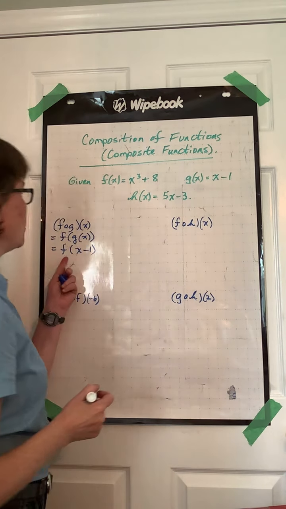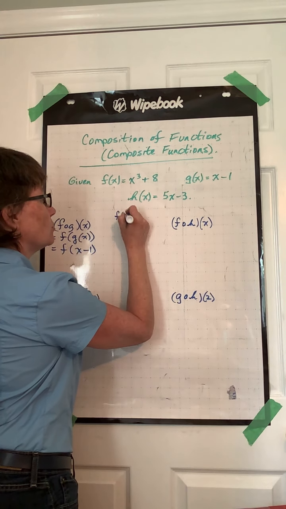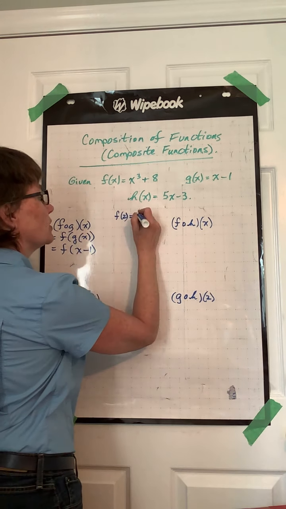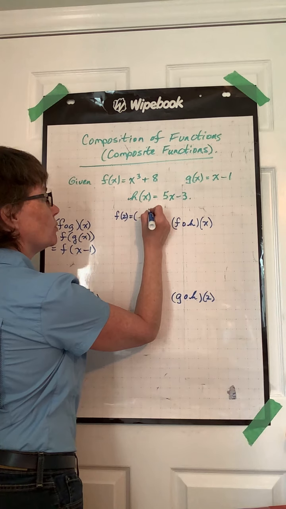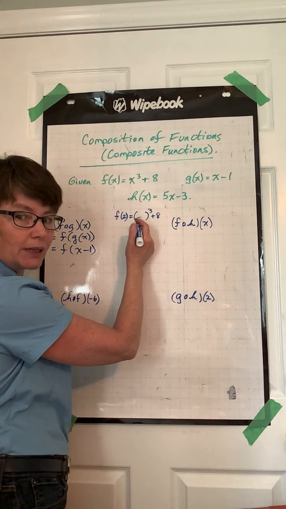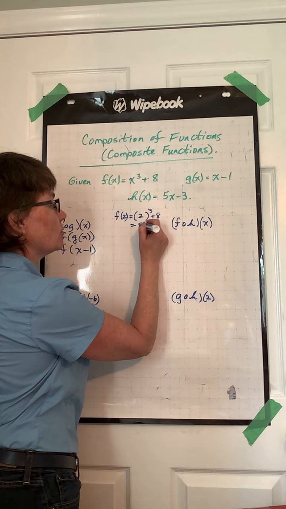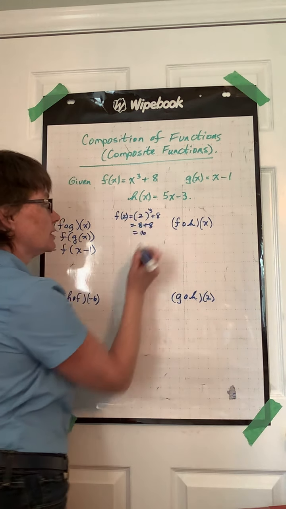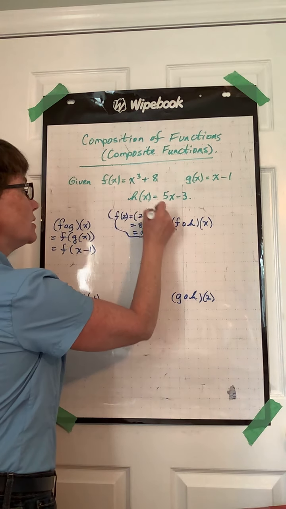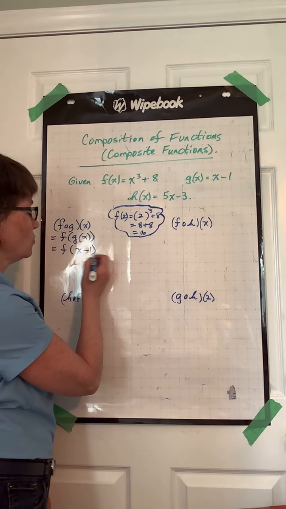Now we would know how to do something like f of 2. We would take the f function, copy it down, but wherever there's an x, we would put a bracket, and inside that bracket, we're replacing the x with this number here, which is 2. So in this case, that would be 8 plus 8 is 16, okay? So just thinking about that idea, now we're doing f of x subtract 1.